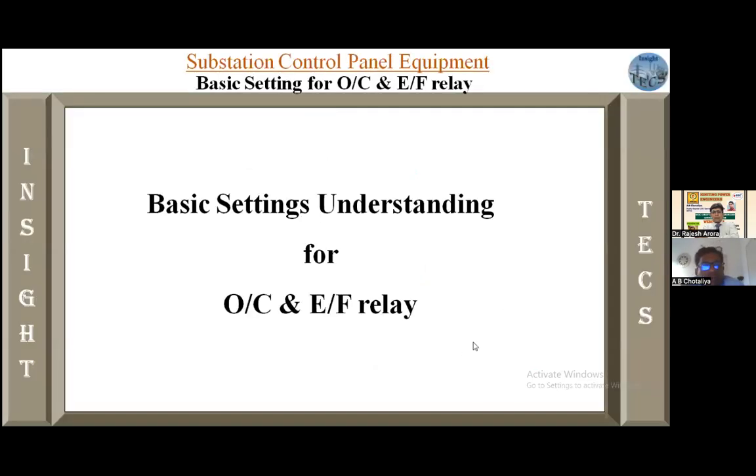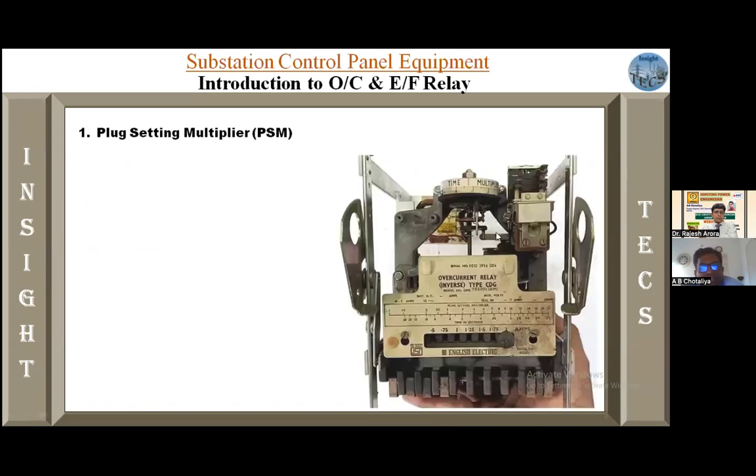Now, the overcurrent and earth fault relay. These are the basic relays of the transmission system. This is the old relay, which is an electromagnetic relay, and in these relays, you can set the current passing through our system. It depends on the CT ratio.